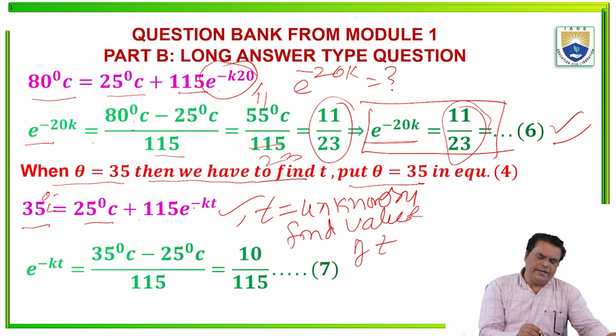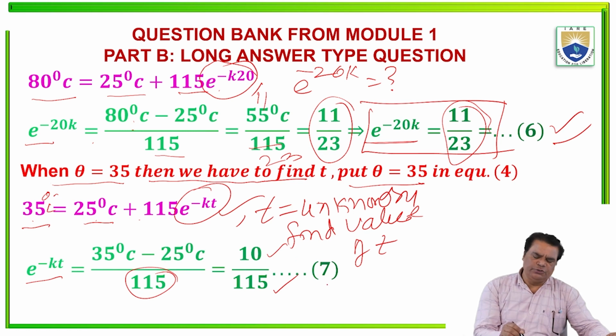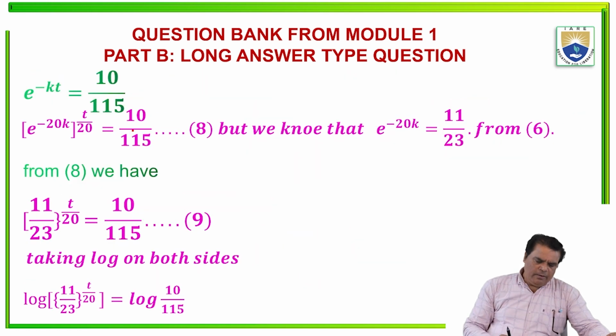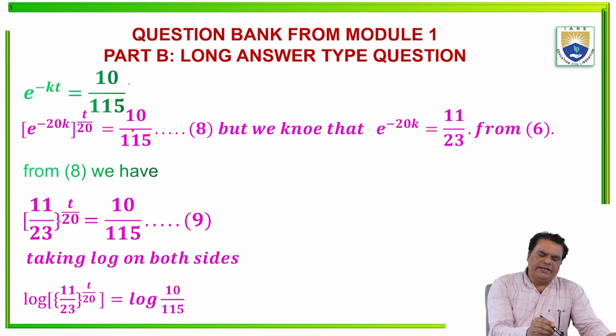So e to the power minus kt equals (35 degrees Celsius minus 25 degrees Celsius) upon 115. So we get 10 upon 115. This is equation 7. Now e to the power minus kt is 10 upon 115.